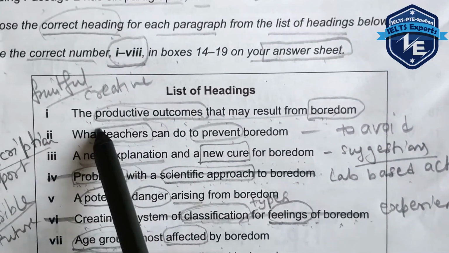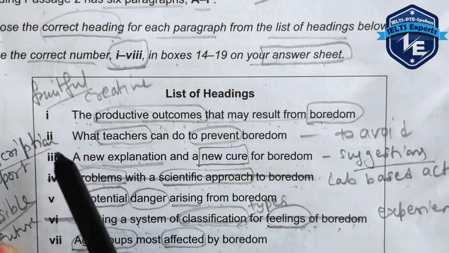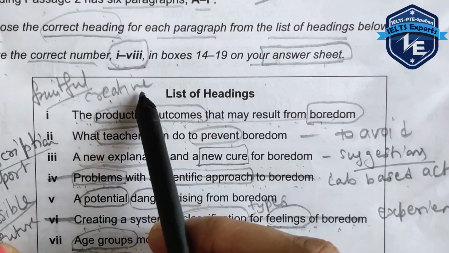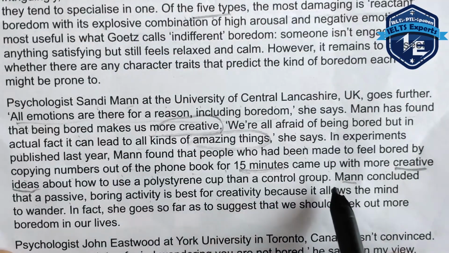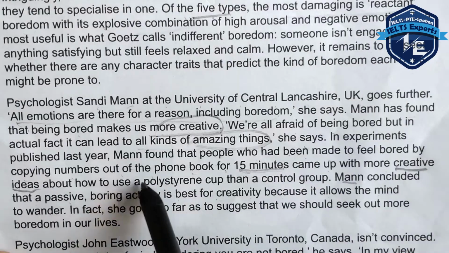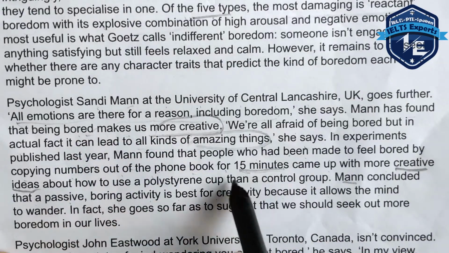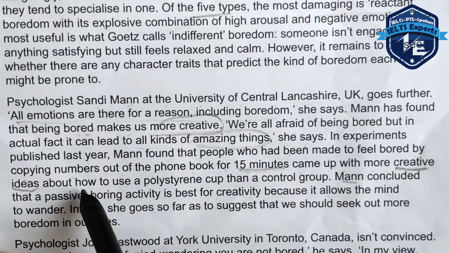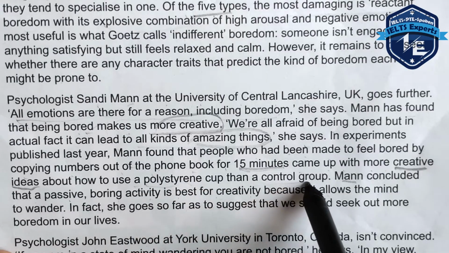Let's look at where I told you creativity. Yes, here it is in the first. Okay, first we have got, as I told you, the productive outcomes that may result from boredom. Creativity is given in the paragraph. Makes us more creative, as well as it is given in the example. 50 came up with more creative ideas about how to use a polystyrene cup than a control group.